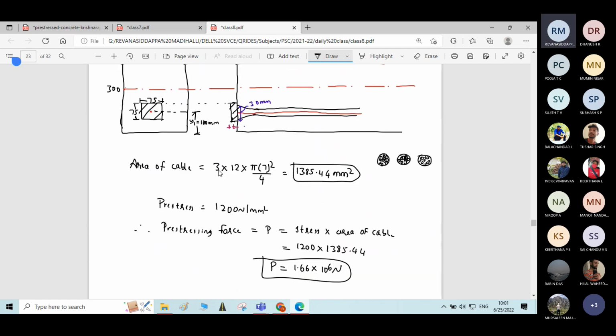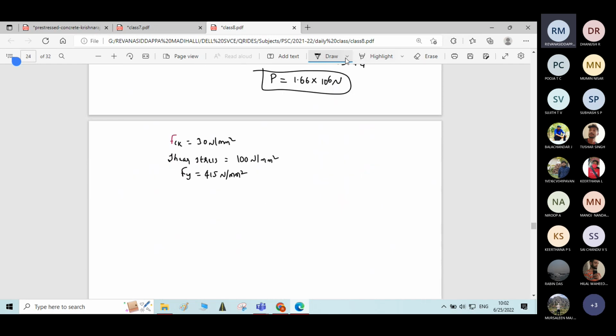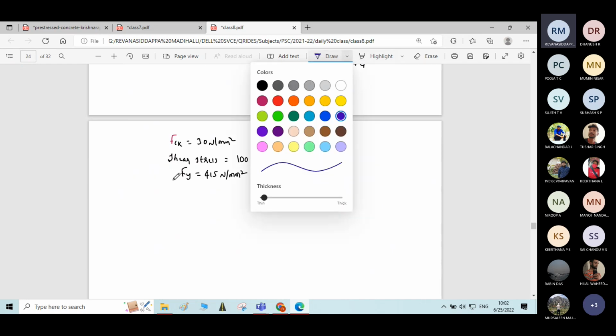So here we need to perform two things. First is to design the end block, and second is to find the thickness of the anchor plate. Now we'll go stepwise.